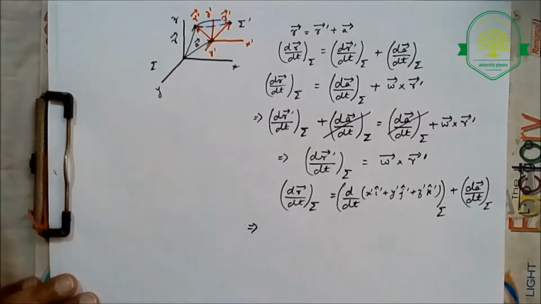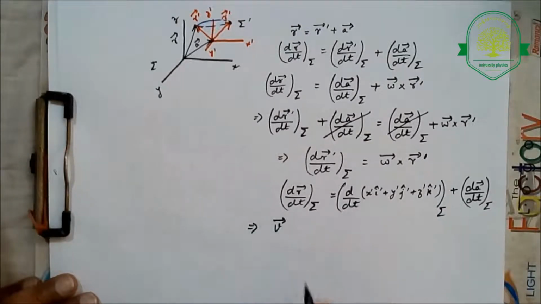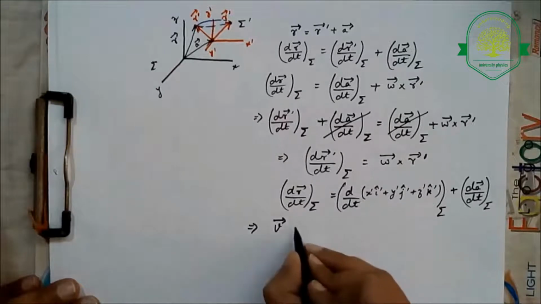So dr over dt as seen from the sigma frame of reference is just the velocity of the particle as seen from the sigma frame of reference.